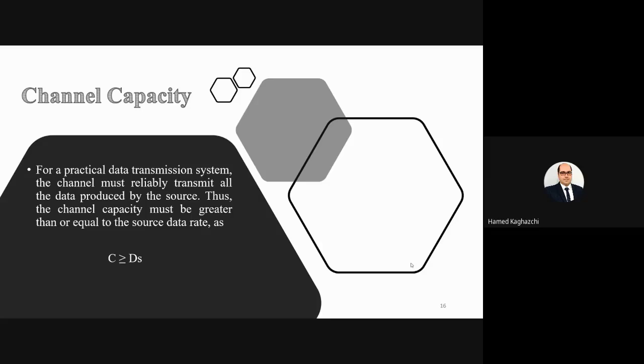I have to transmit all of the data produced by the channel. So it means that the channel capacity C must be greater than or at least equal to the source data rate.